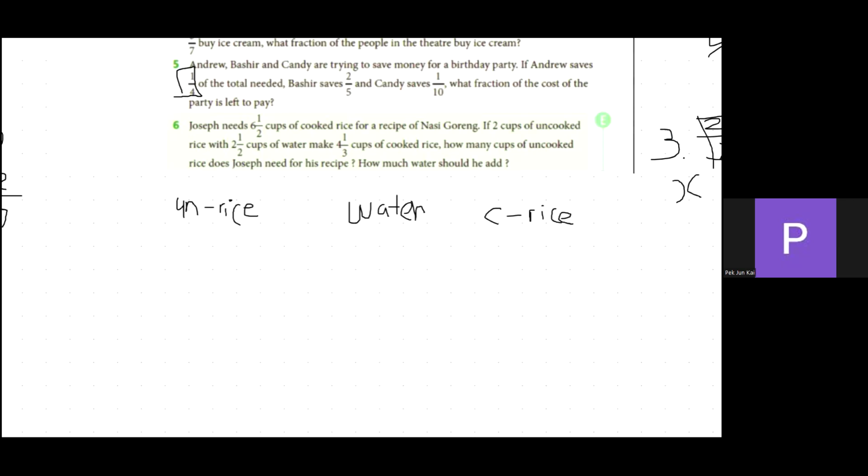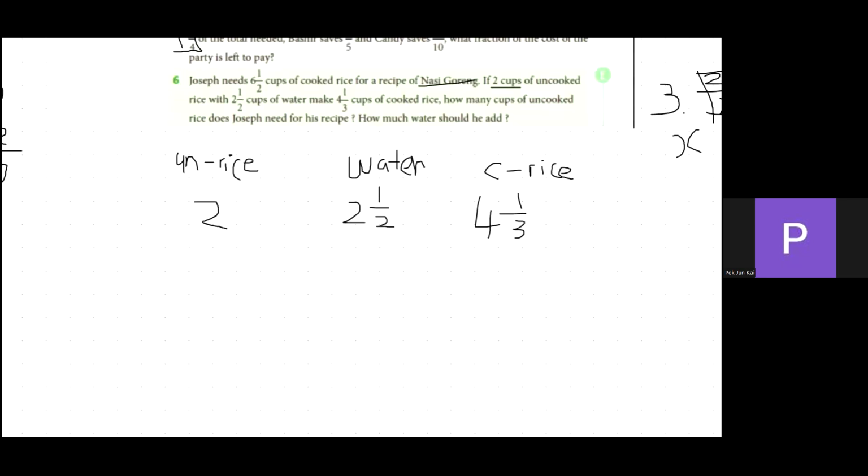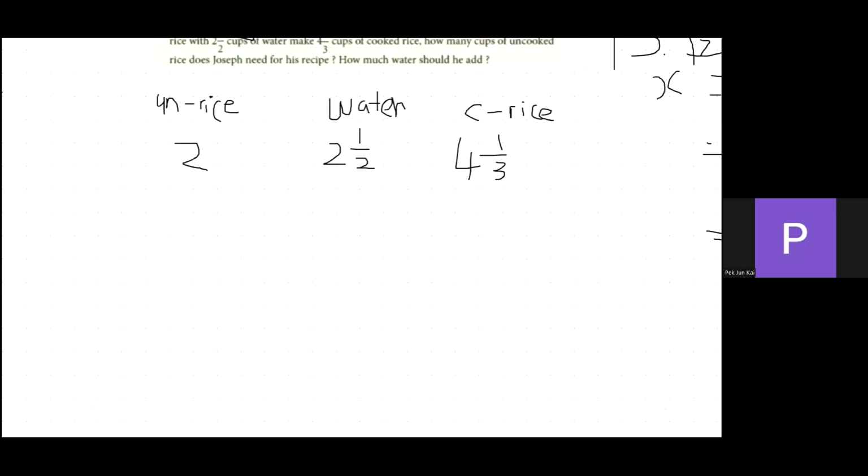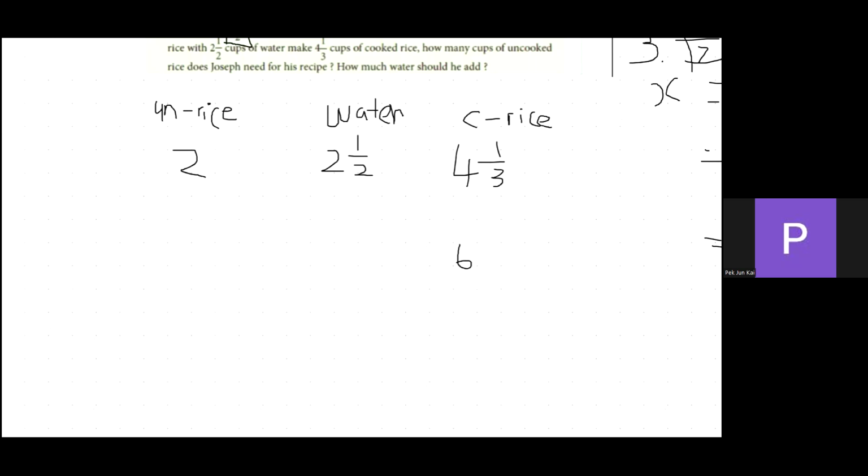So if there are 2 cups of uncooked rice with 2 and 1/2 cups of water, it would make 4 and 1/3 cups of cooked rice. So in order to make nasi goreng, Joseph needs 6 and 1/2 cups of cooked rice. So we can find a relationship between these.